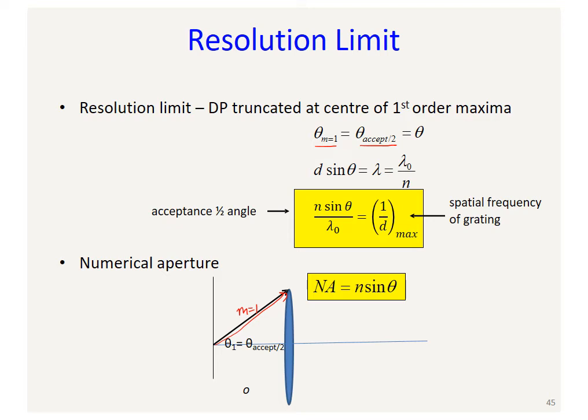And we can use then this grating equation and allow for the fact that perhaps the light is not necessarily traveling in air, because it might be in, say, oil or water, as you might use for an immersion objective in a microscope. Then rearranging this for our acceptance half angle gives us this very useful expression.